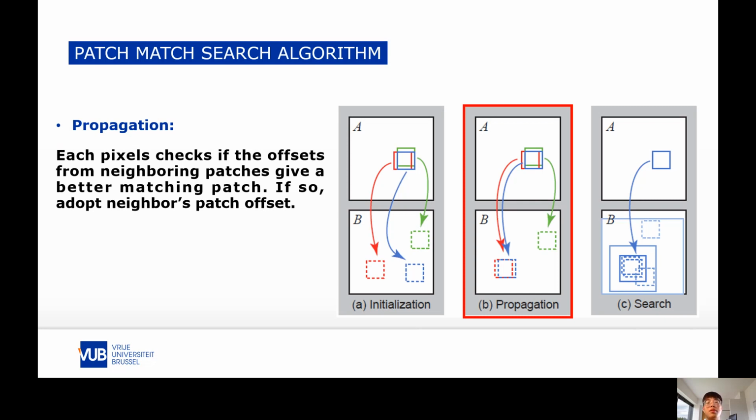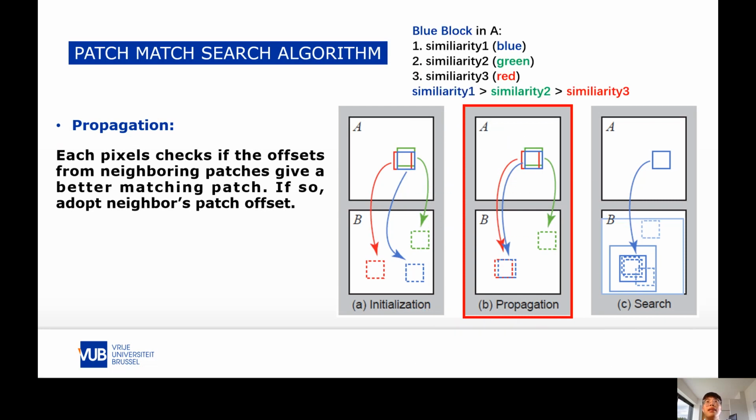Compare the similarity between the blue block in A and the offset block in B, and record it as similarity 1 blue.